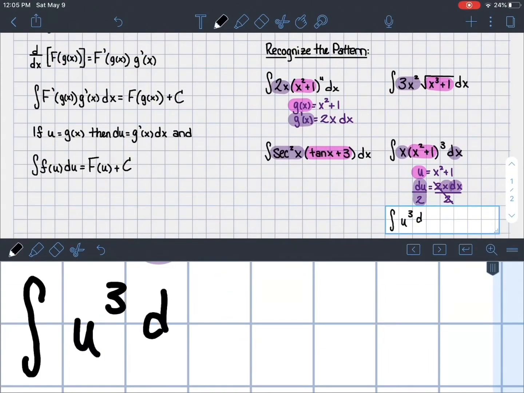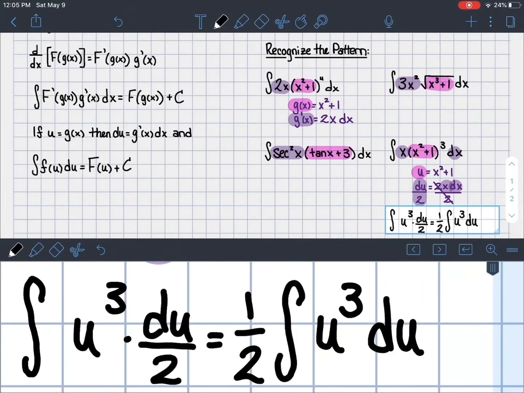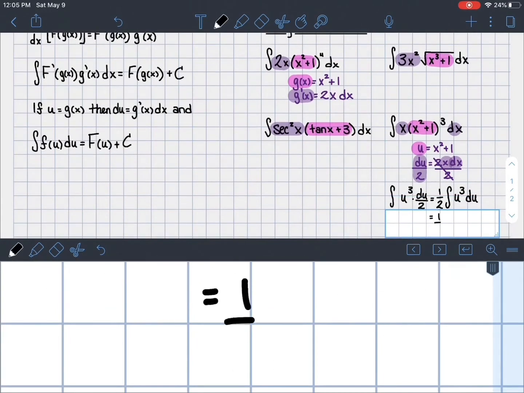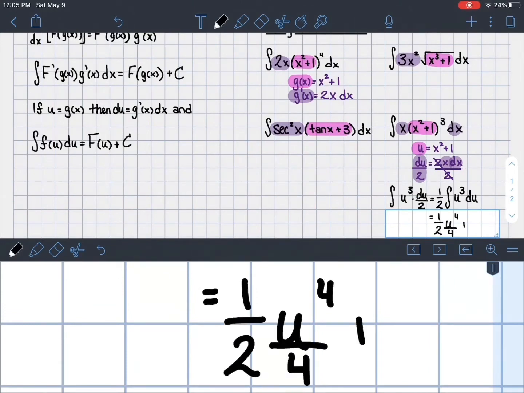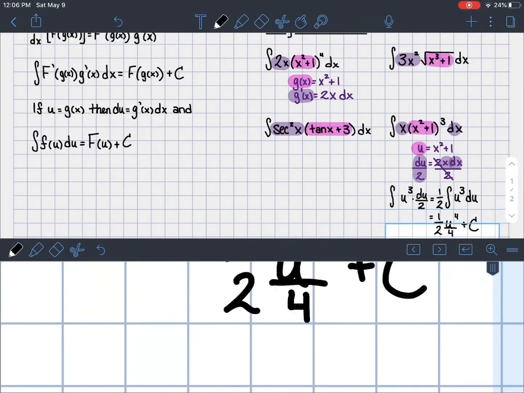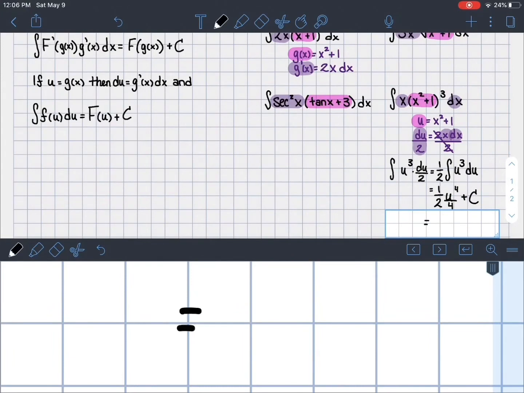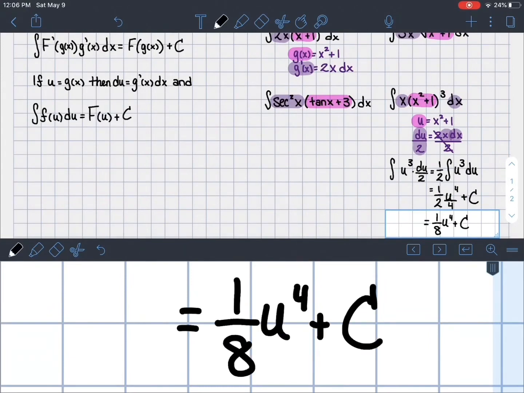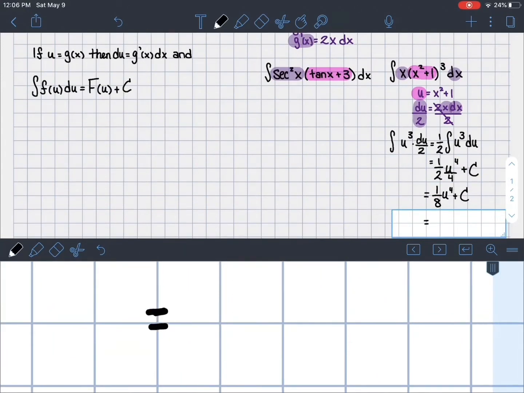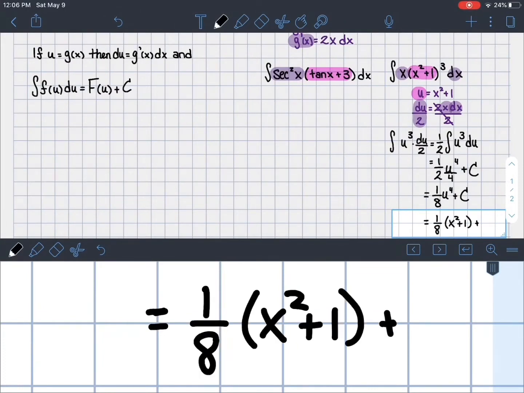Let's go ahead and solve it. So when we use the u notation, we'll pull a constant 1/2 out front, we'll integrate, we'll remember our plus c, and then we'll replace any u's with what they represent. And we'll get an answer of 1/8 (x squared plus 1) squared plus c.